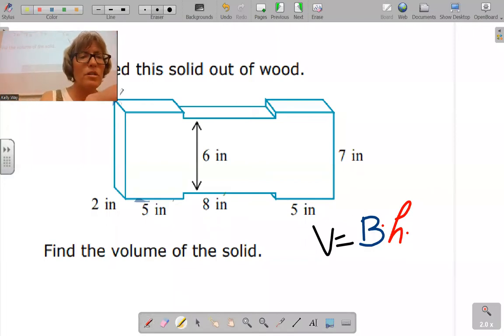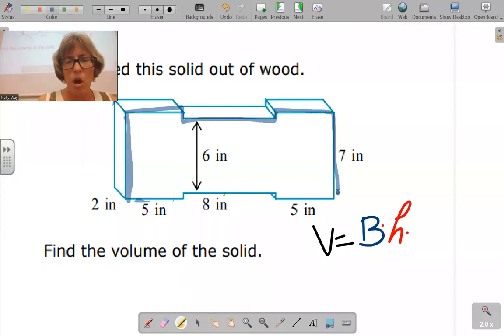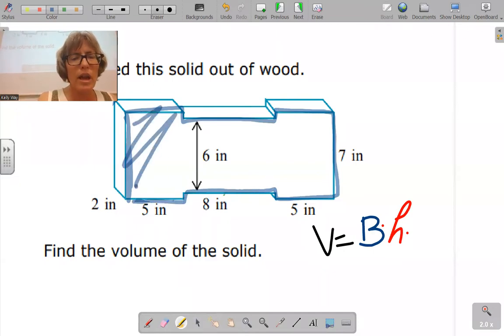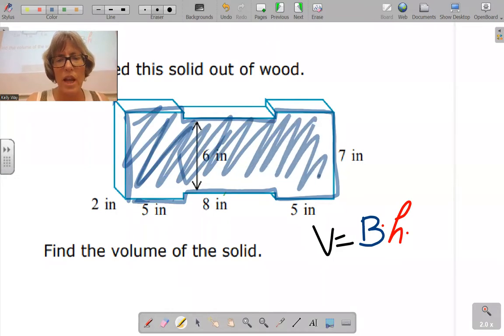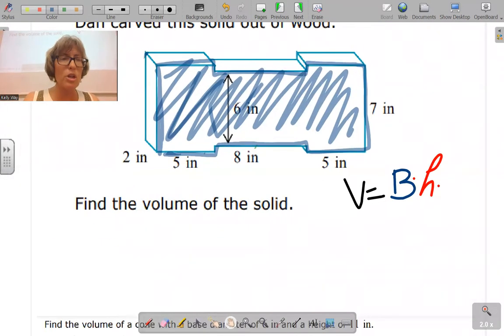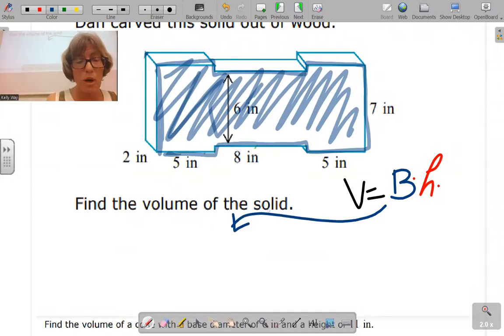The front and back I's, those are congruent, they are parallel, and there's nothing but rectangles that connect them. So the front and back I's would be the singular composite base. That's what I'm going to use. And I am going to break it down.